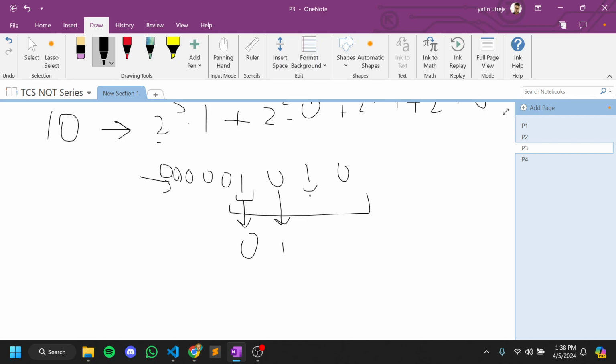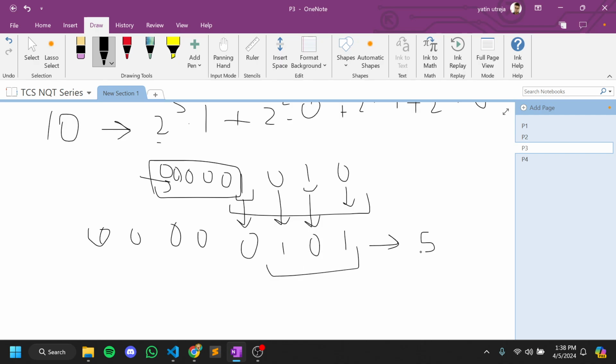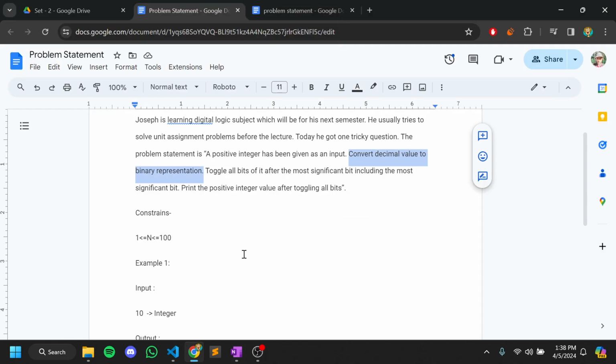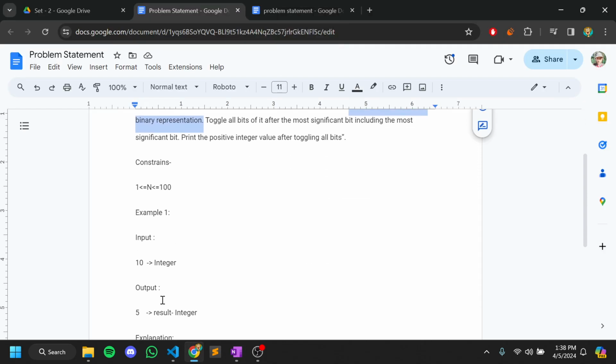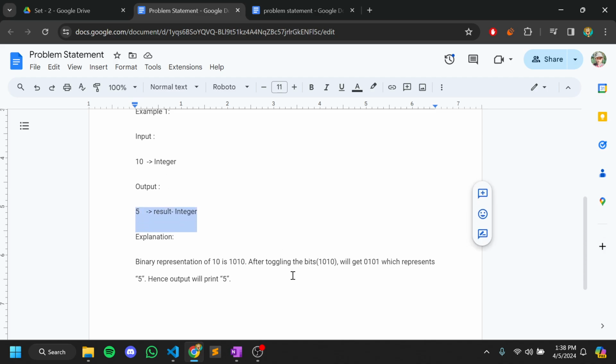Take a XOR with this here and this, we get this number. We don't flip these leading bits because these are not significant. So we get this number as a result, that's 5, and my output is also giving me the answer as 5.